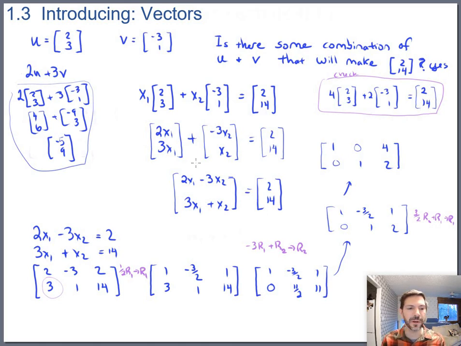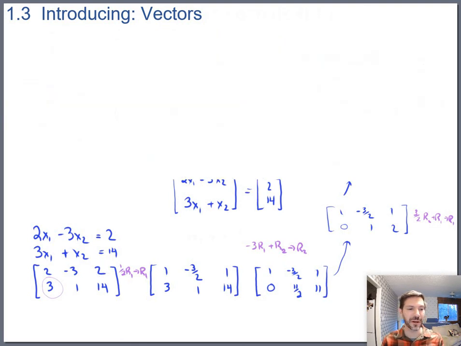And I just wanted to point out that we have a connection now between a vector equation and an augmented matrix. Notice that we just basically took the column vectors, including the one we want it to be equal to, slapped them together into an augmented matrix, and solved that to solve the vector equation.